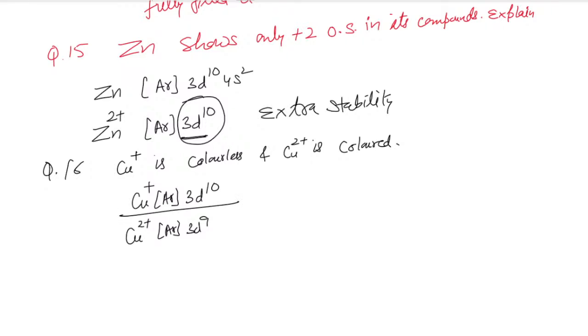So copper 1+, because of fully filled d orbital, no d-d transition is possible.